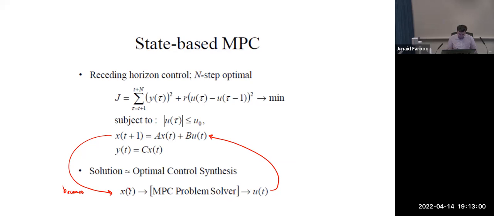Right, so there's a state x, and u here is a variable. So u of t entire, so u0, u1 to un is a variable in this optimization problem.